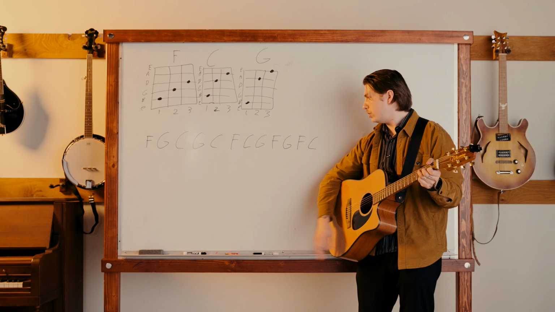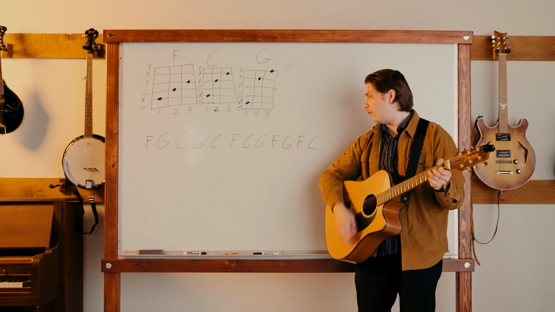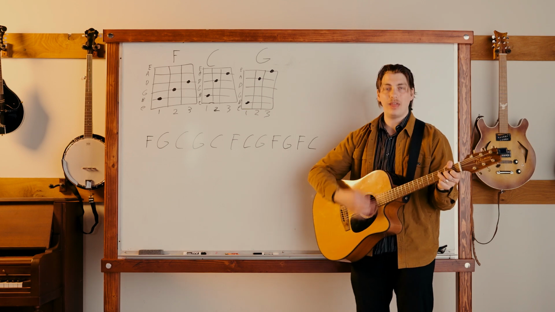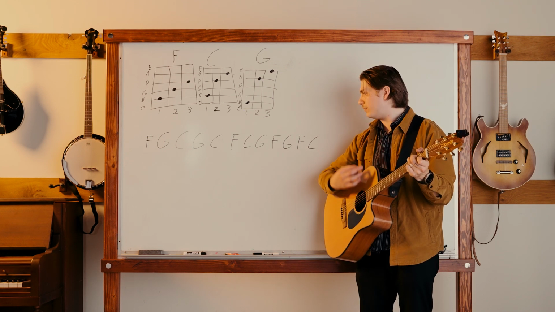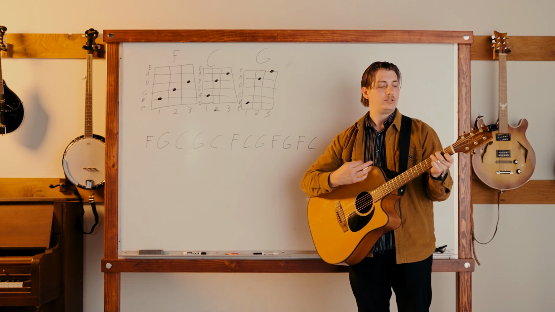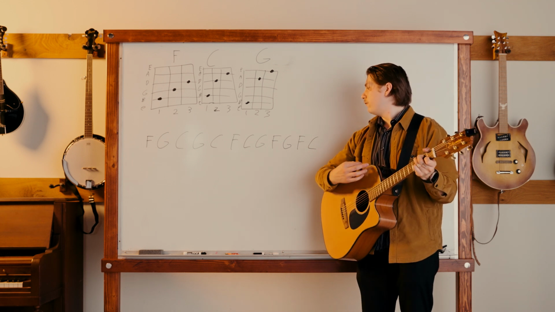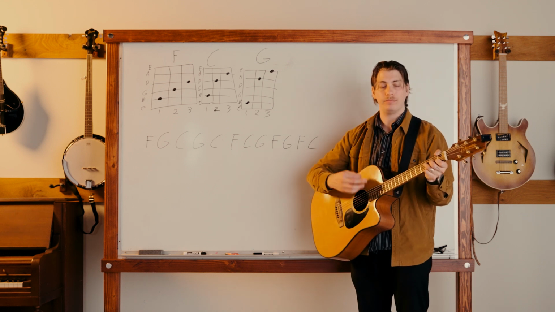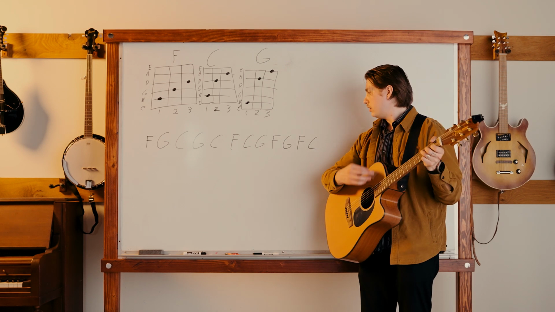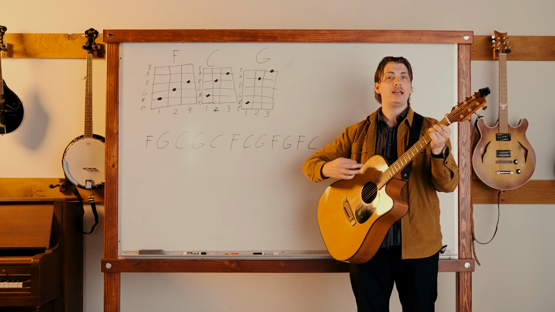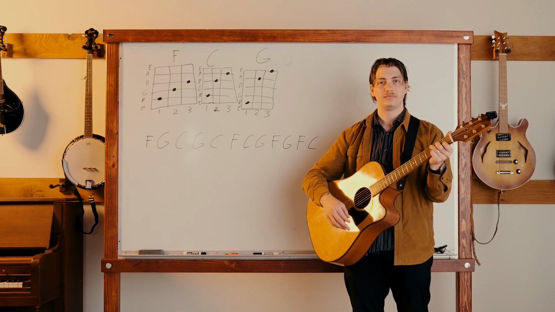F, 2, 3, 4. Hold it. 1, 2, 3. And then a G up at the top. 2, 3, 4. Couple more chords. 2, 3, 4. Play an F. So we got to go all the way to the bottom. You got this. 2, 3. End it with a C.